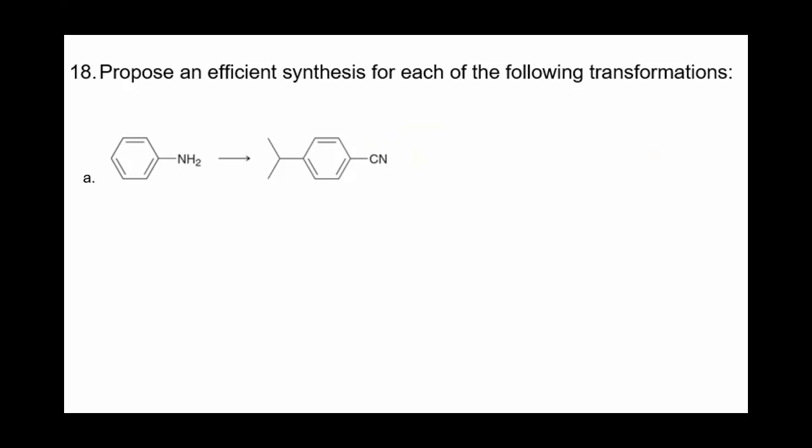Okay, so we need to synthesize a compound using NH2, and we need to add a CN there. So if I'm using my reactions that I just learned, I can add a CN there from an N2, which I can make from NH2.